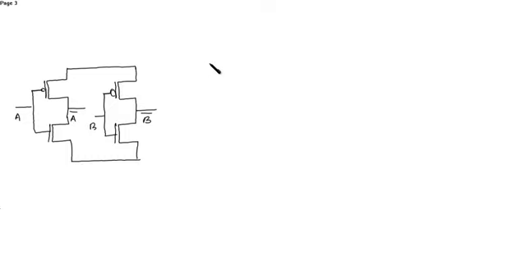For designing an AND gate, we know that the NMOS will be in series and the PMOS will be in parallel. So this is 1, 2 PMOS, they are in parallel and the NMOS is in series. So this is an AND gate.